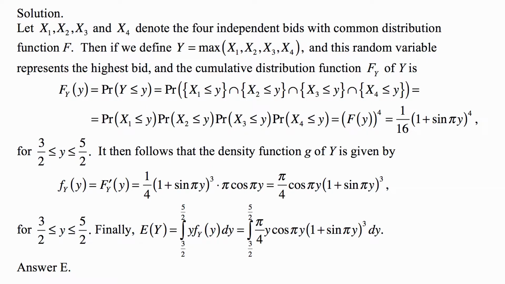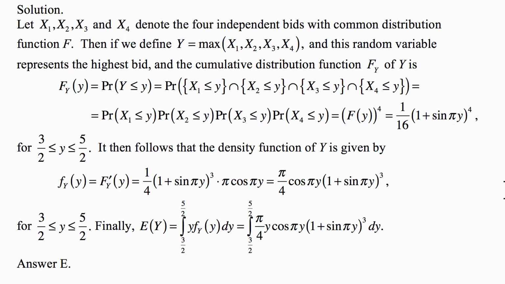Well, then the derivative of it is the density of Y, and that derivative is equal to, so the 1/16 stays in place, that's a constant when we take the derivative.